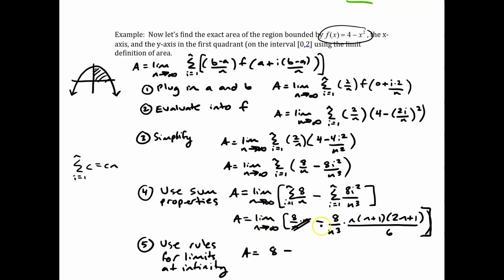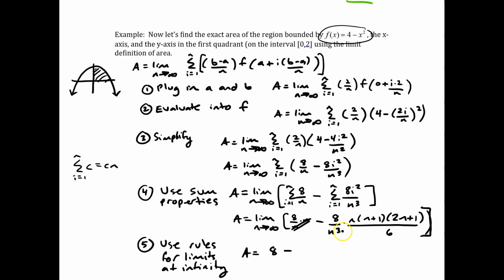And then if we're also going to do the limit of this piece as n goes to infinity, we don't have to worry too much about this, because look at this. You have 8 times n times a 2n, and so you don't have to FOIL this all out. You can see that the leading term would be 8 times n, that's 8n squared, times 2n, so you'd have 16n cubed over 6n cubed.